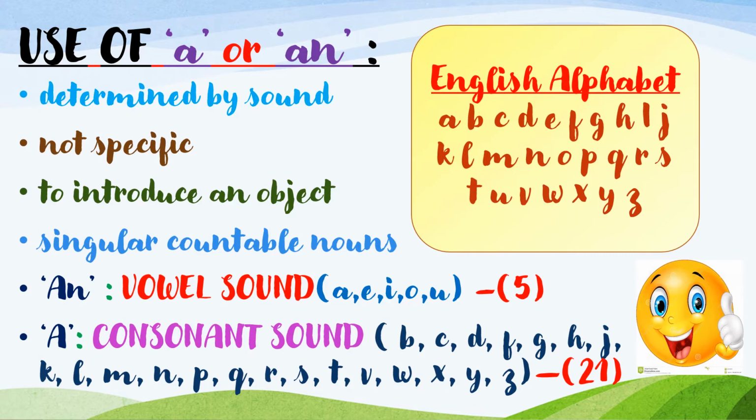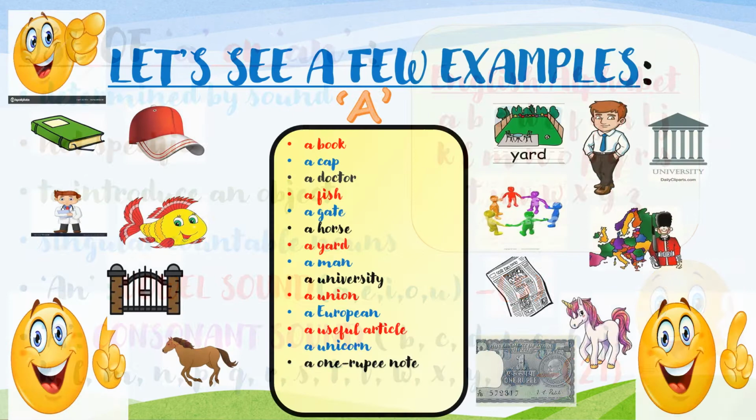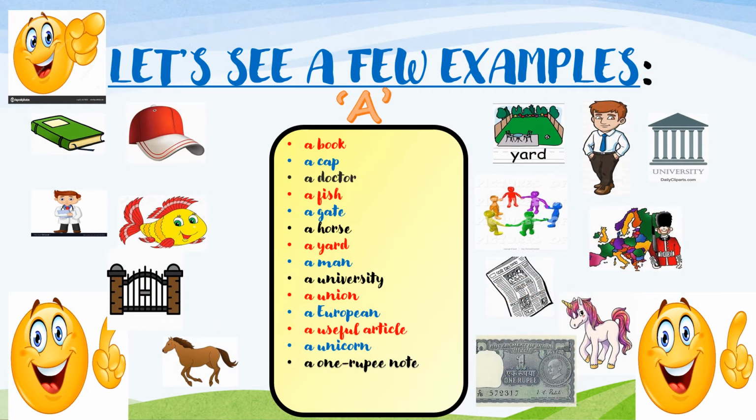Okay, so now let us go and discuss more about it. Now let us see a few examples of article a. A book, a cap, a doctor, a fish, a gate, a horse, a yacht, a man, a university, a union, a European, a useful article, a unicorn, a 1 rupee note.